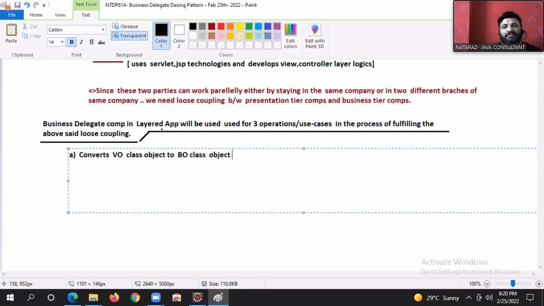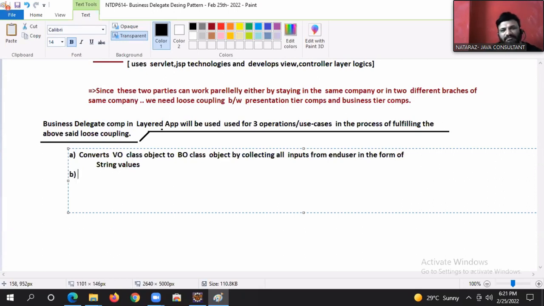For explanation sake, converts VO class object to BO class object by collecting all the inputs from the end user in the form of string values.